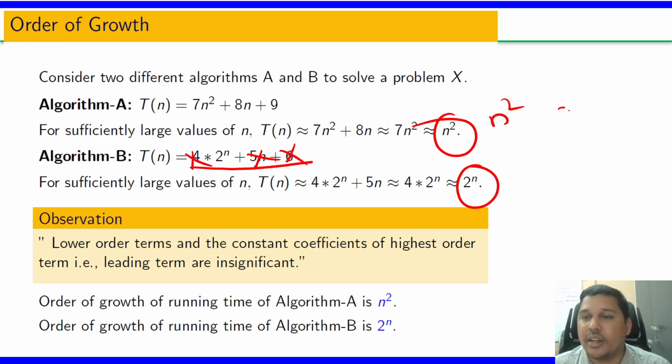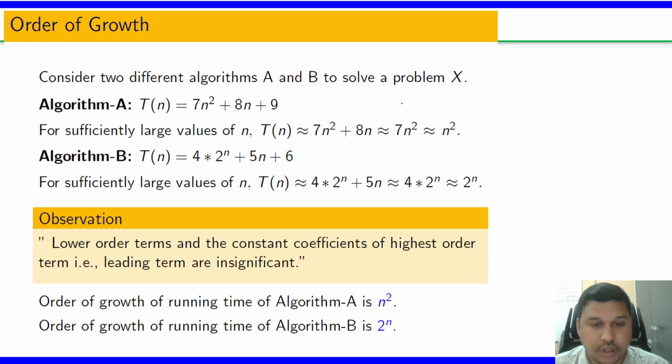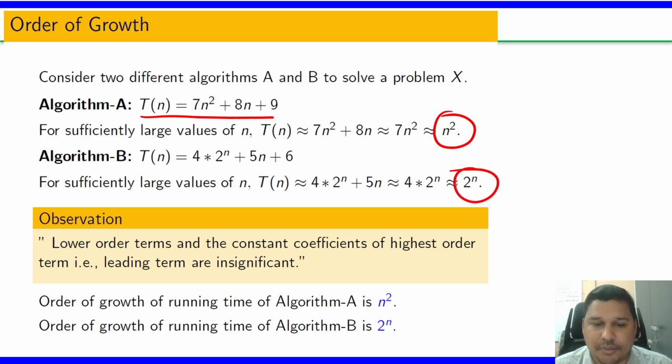Which one is greater here? We found out that for this given running time, the order of growth is n square, and for this it is 2 power n. The important observation: lower order terms and the constant coefficients of the higher order term, the leading term, are insignificant.